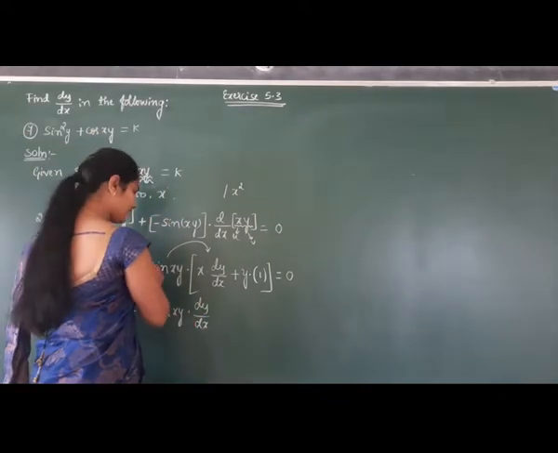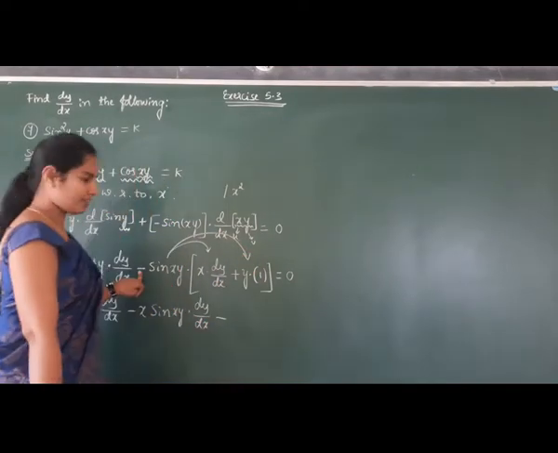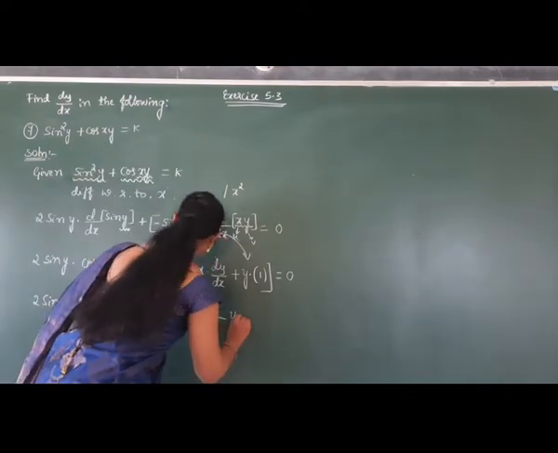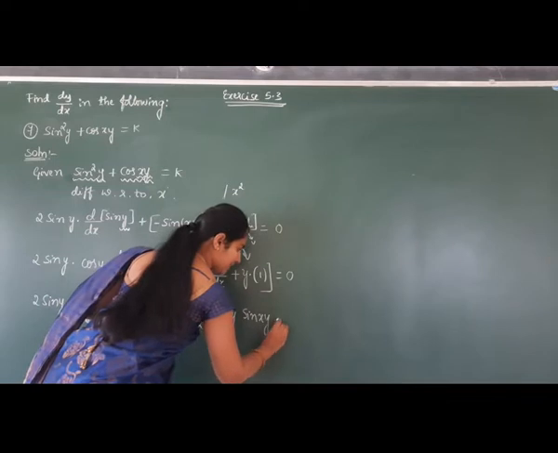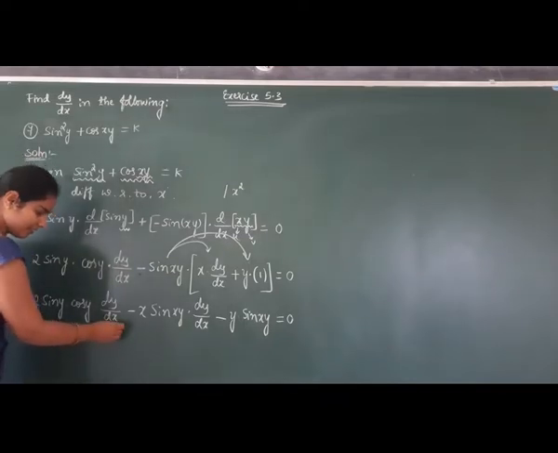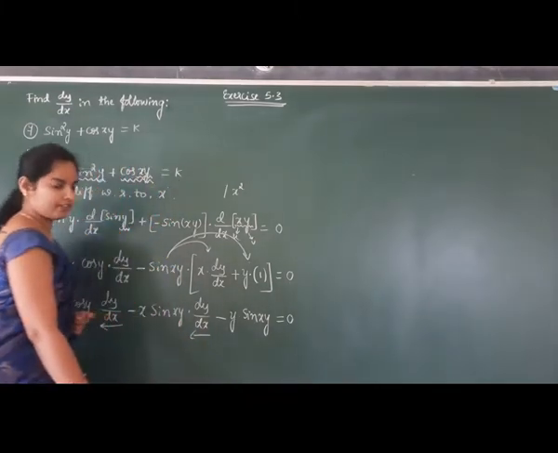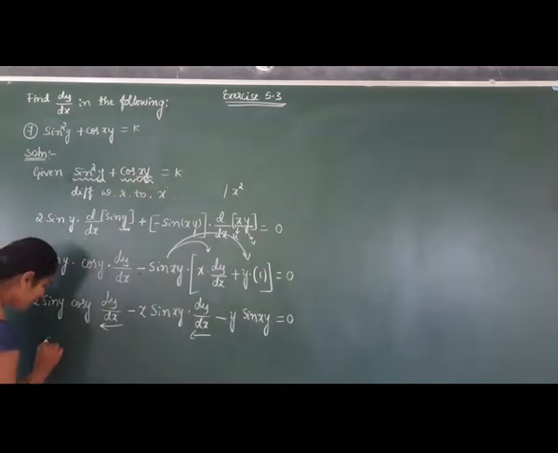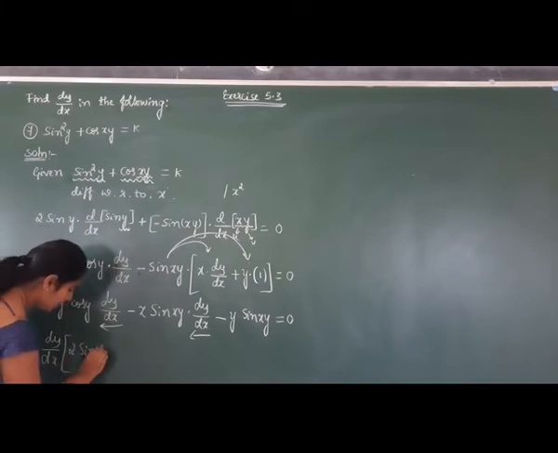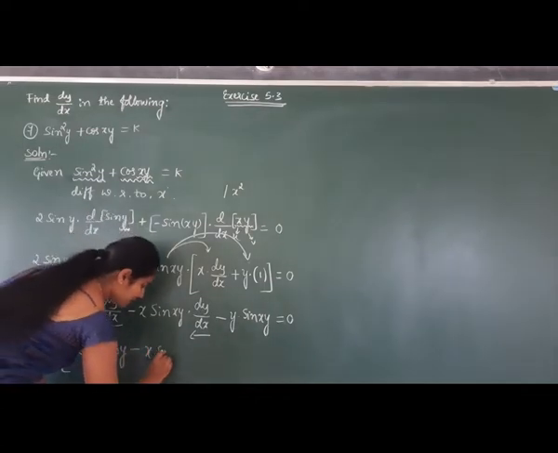So then minus into plus is minus, and we have y into sin xy is equal to 0. Now take a common factor outside, that is dy by dx. So then we have dy by dx into 2 sin y cos y minus x sin xy.